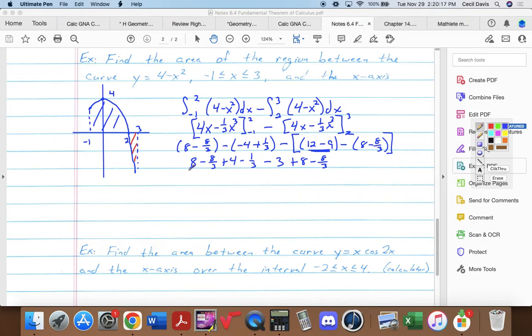So again, I do the whole numbers first. So let's see, that's 16 plus 4 is 20, minus 3 is 17. Minus 8/3 minus 8/3 is 16/3. So it's 17 minus 5 1/3 is 11 2/3.